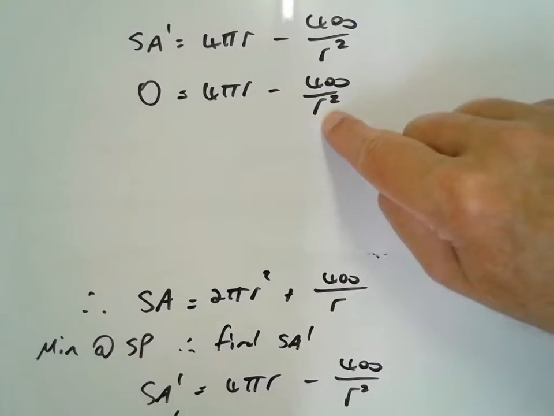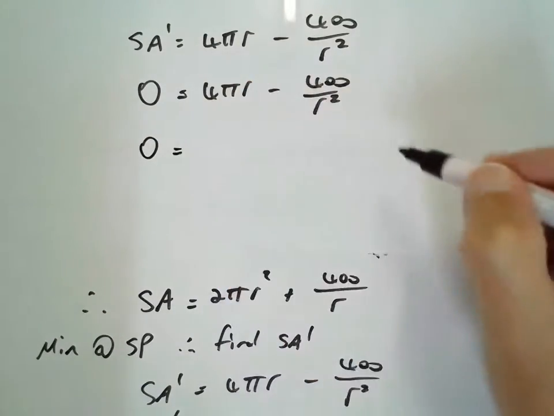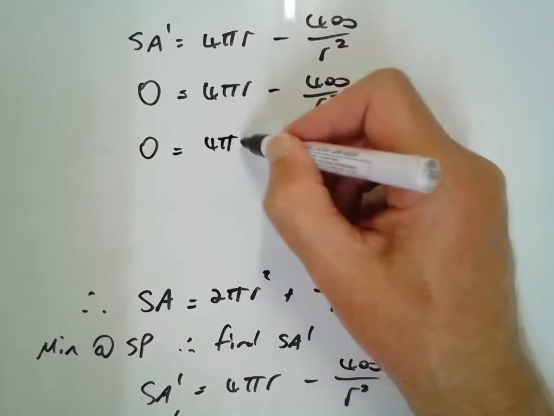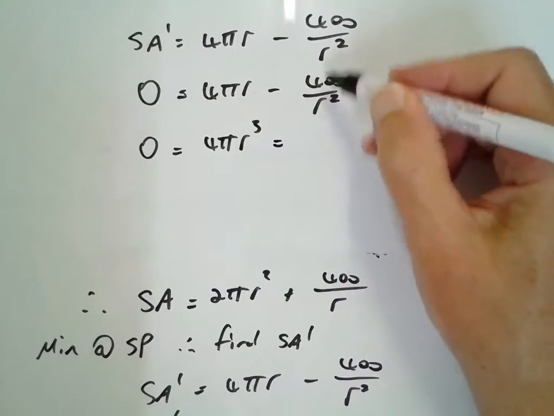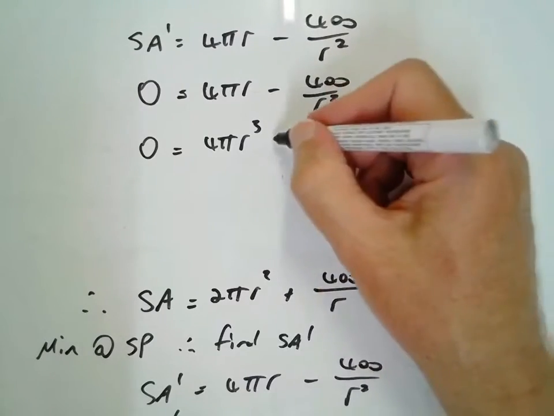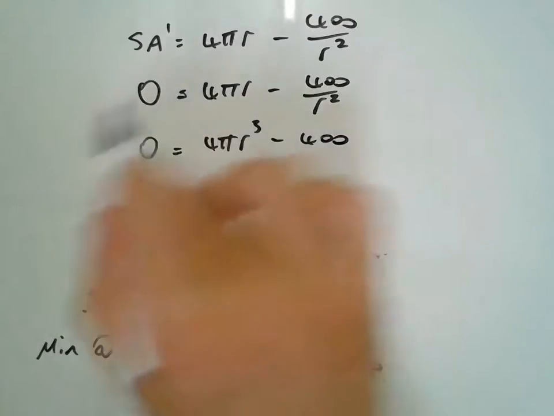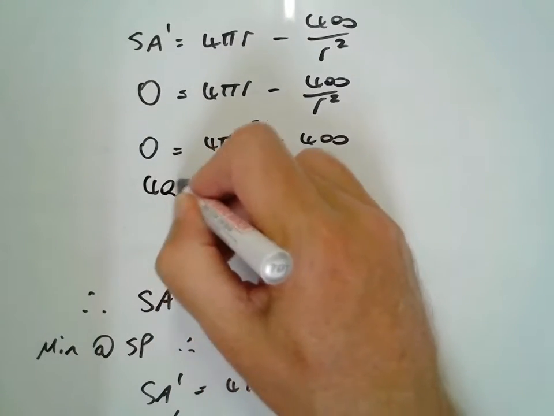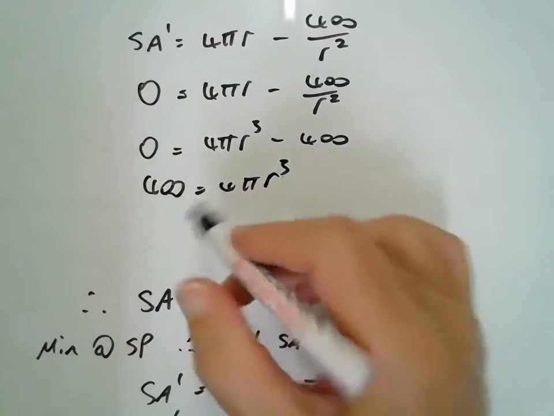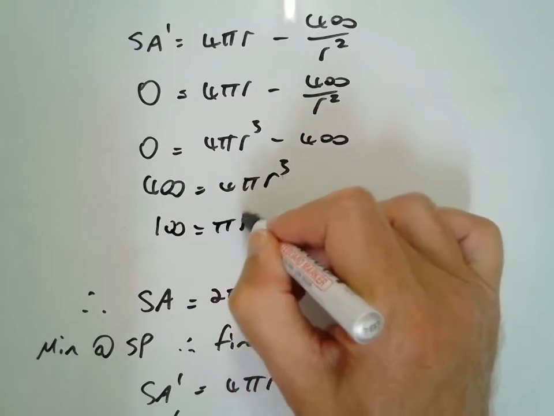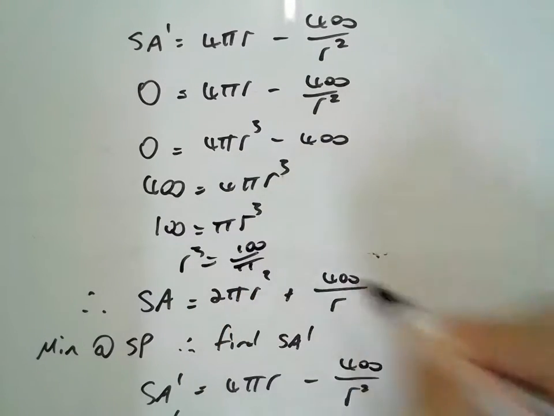We don't want r on the bottom, so let's multiply everything by r squared. 0 times r squared is 0. 4 pi r times r squared is 4 pi r cubed, and that's just our 400. Get the 400 to the other side. Divide by 4. R cubed equals 100 on pi.